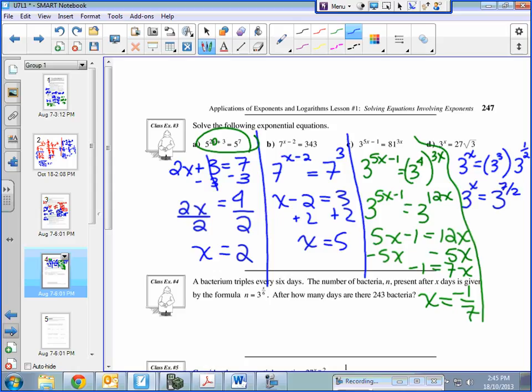Because if I'm ever multiplying 2 powers, I add the exponents. Are you okay with that so far? When I'm adding fractions, I need common denominators. My common denominator is going to be 2, so this will be the same as 6 over 2 plus 1 over 2. So 6 plus 1, 7 halves.